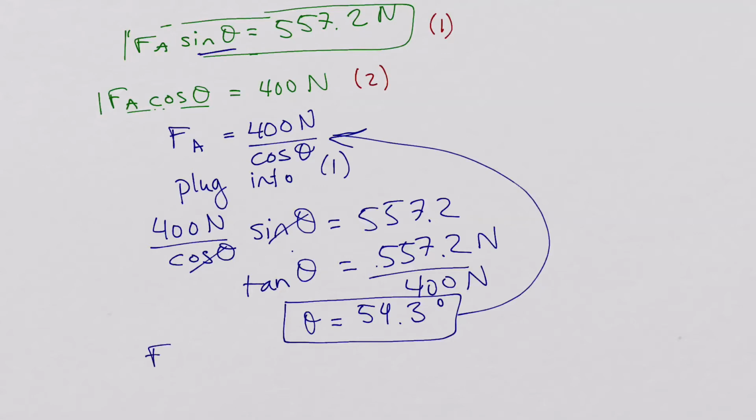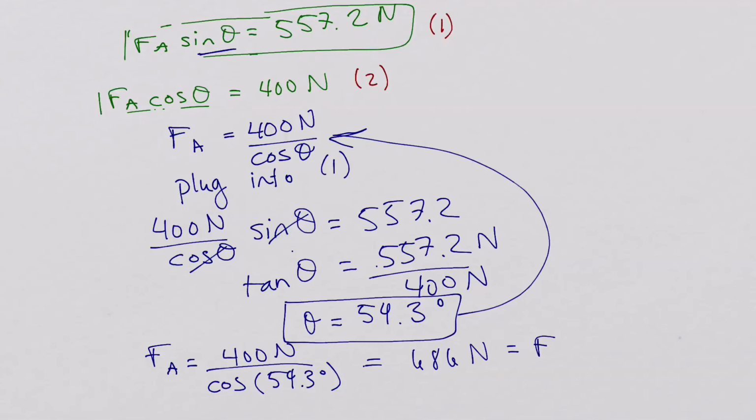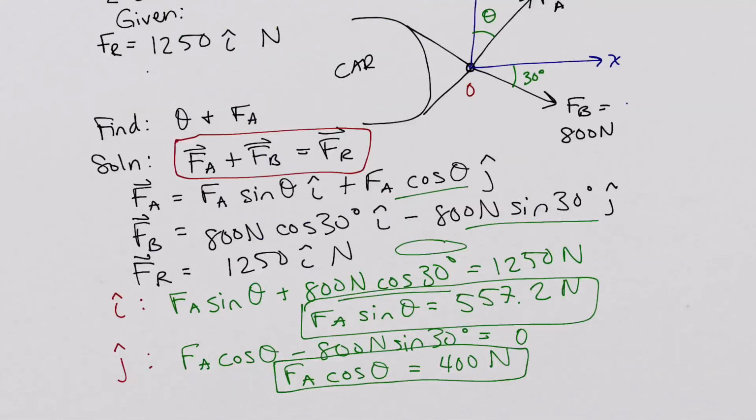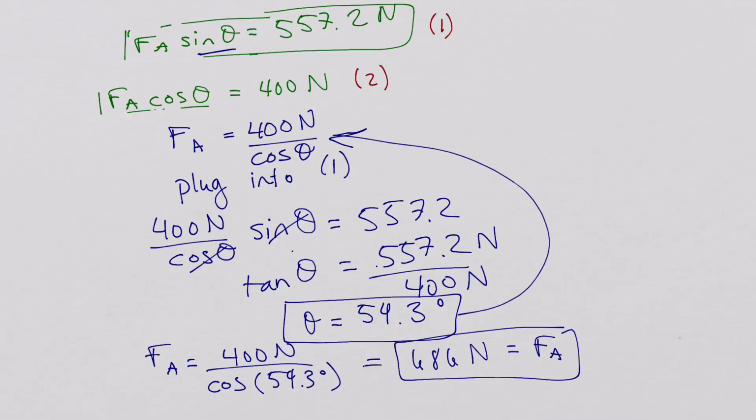And so FA equals 400 newtons divided by the cosine of that theta, which is 54.3 degrees. So that gives us 686 newtons is FA. And that's what they wanted. They wanted the magnitude of FA and the theta. So those are two unknowns. That's it.